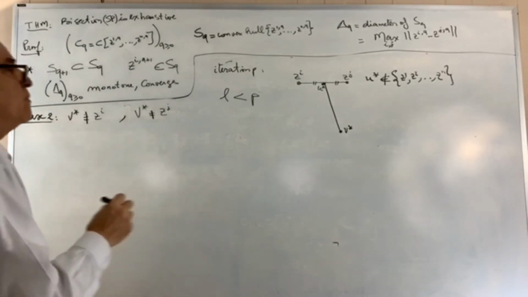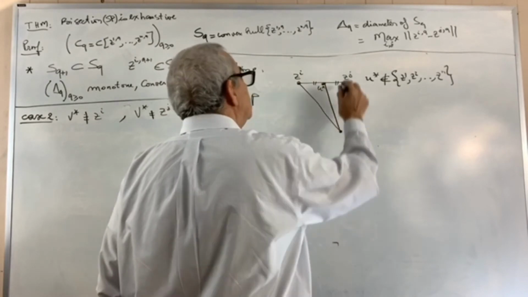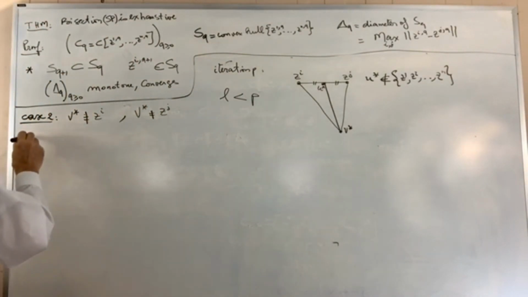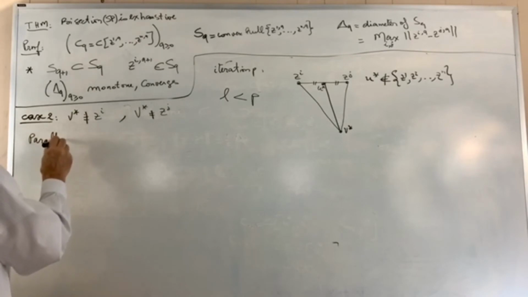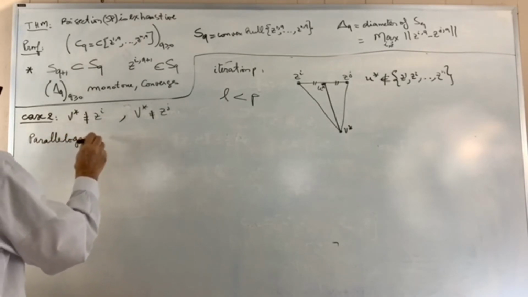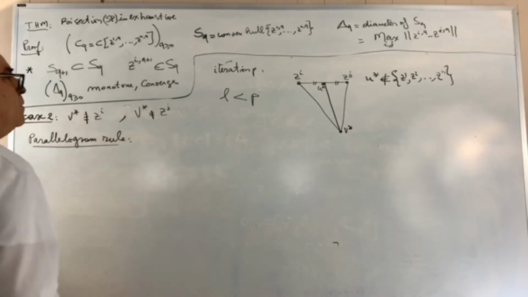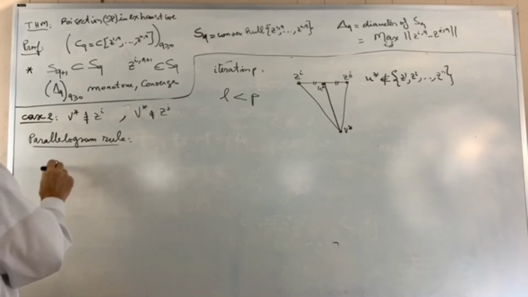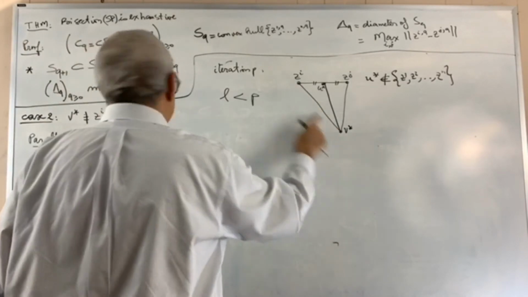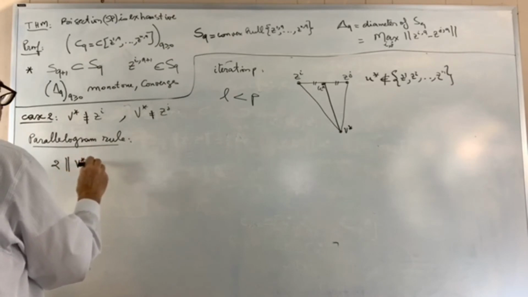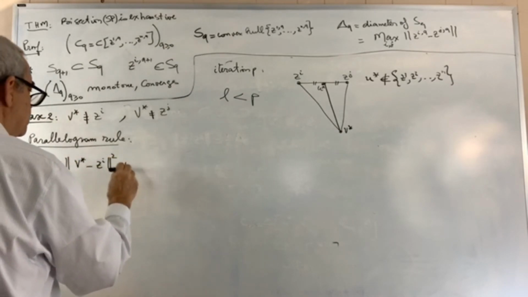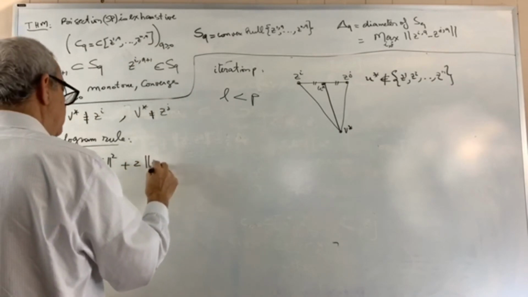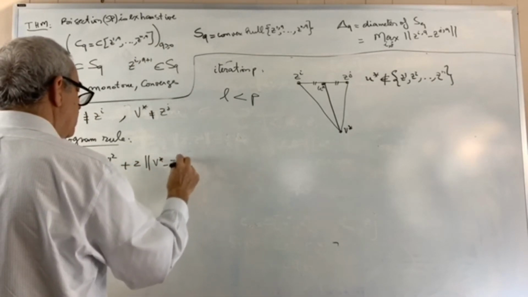So in this case, I'm going to join these two, and then I'm going to use what's called the parallelogram rule, which is that two times the norm of the side, V star minus Zi, plus 2 times the norm of this, right?